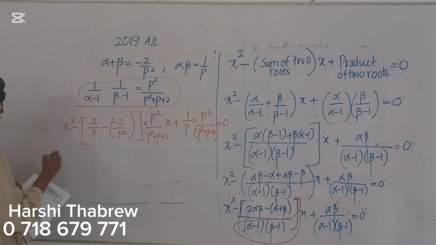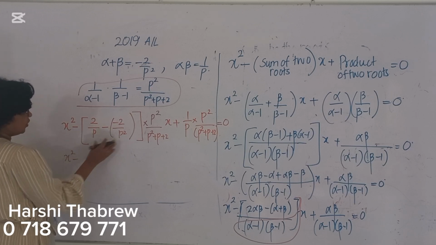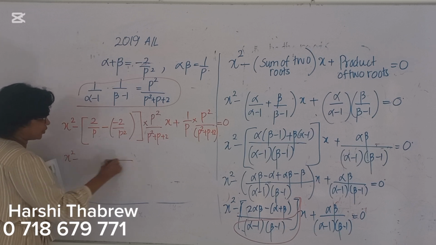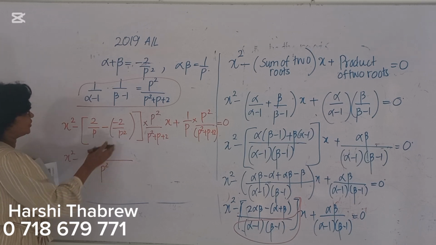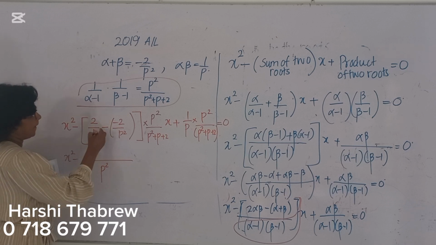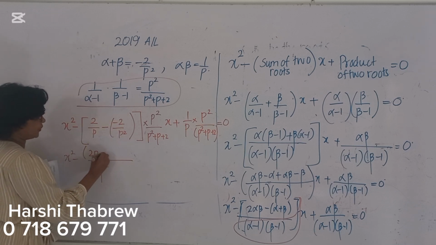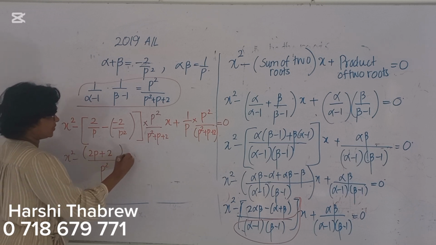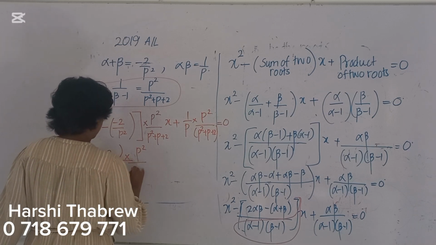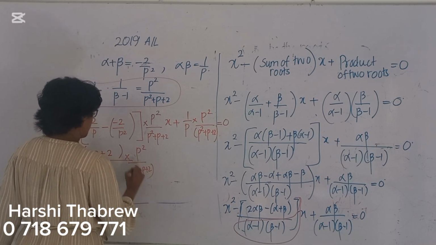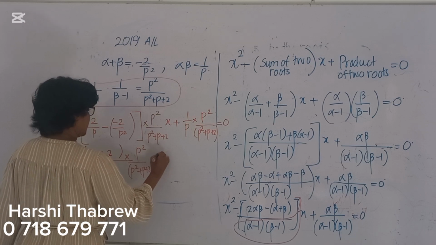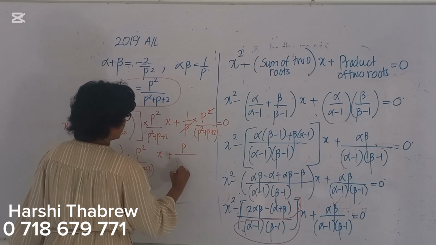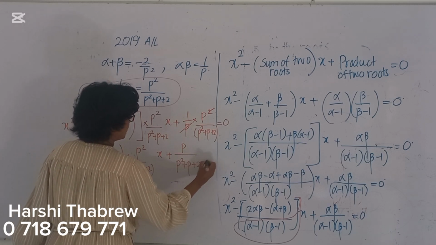Okay, then you can simplify the expression inside the brackets. You can remove brackets. p squared will be the common denominator there. So this becomes 2p plus 2, times p squared over p squared plus p plus 2, times x plus, this is cancelled, so you have p over p squared plus p plus 2 equals 0.